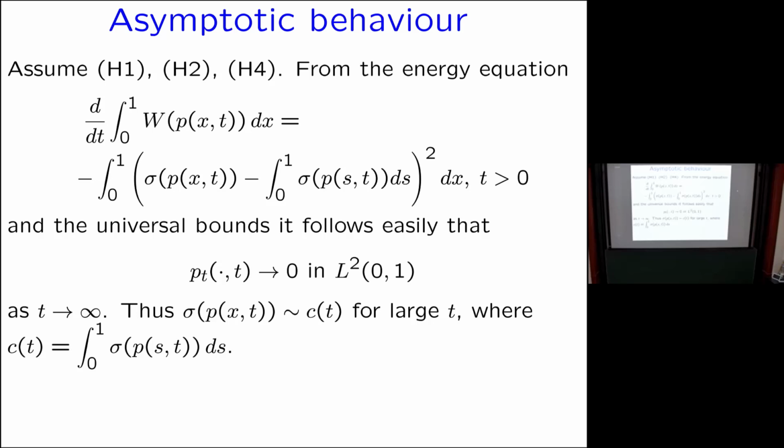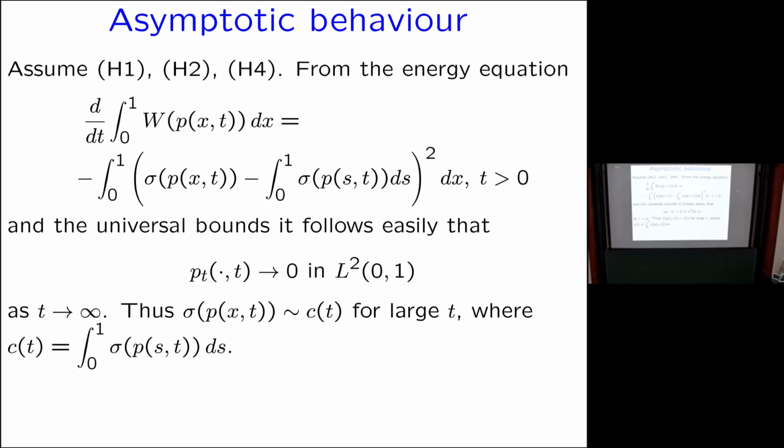And so it's easy to prove from this that P sub T tends to 0 in L2, because its integral is finite and the time derivative of it is bounded from the universal bounds. And so therefore this tends to 0.